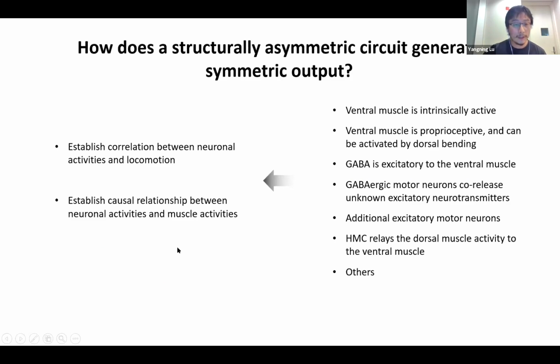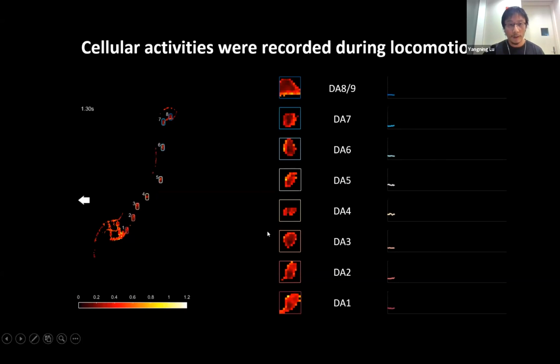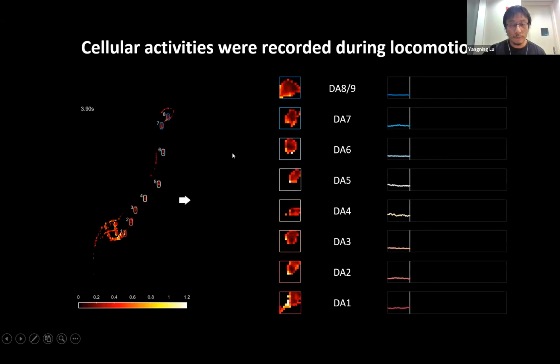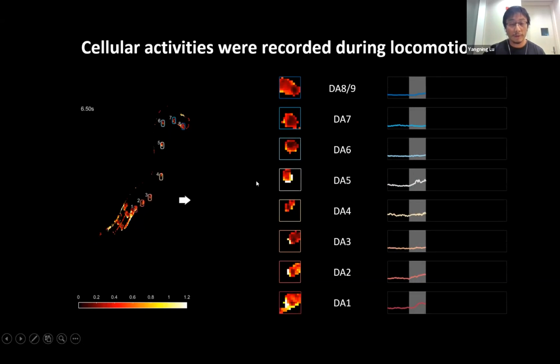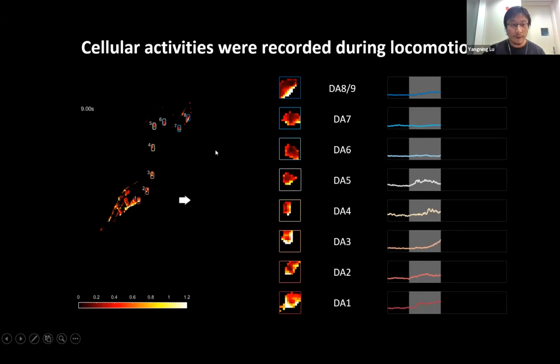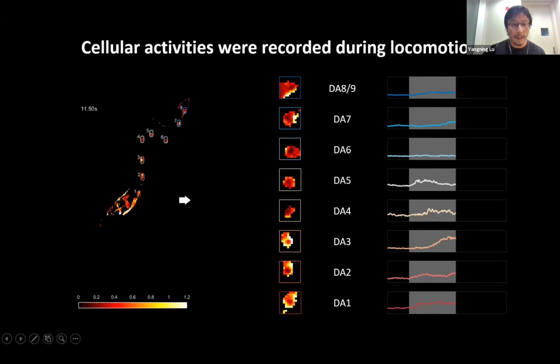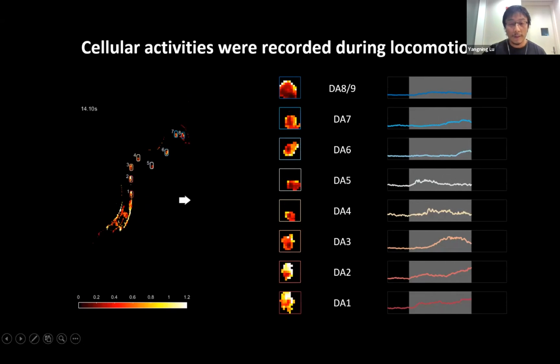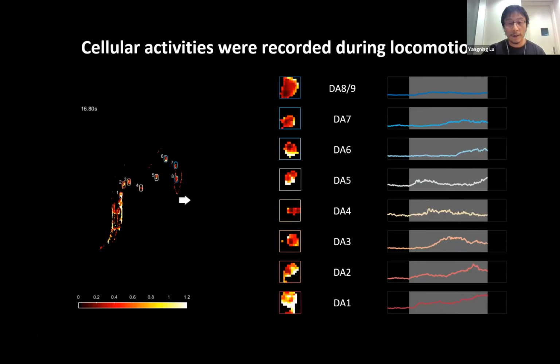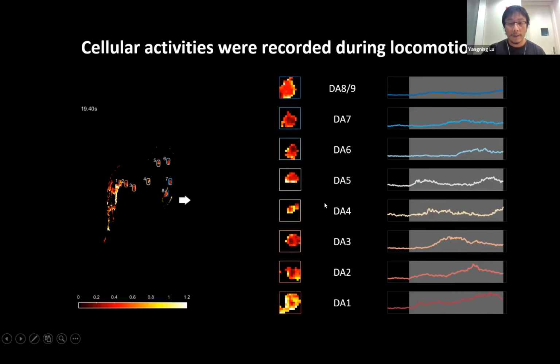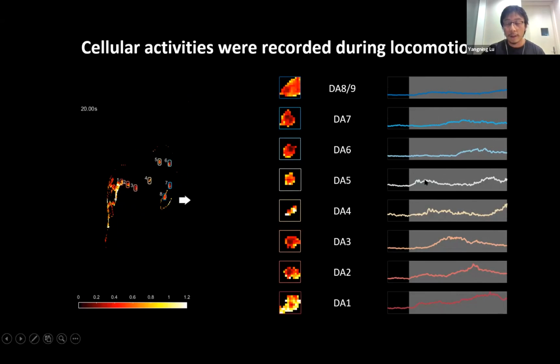And second, we established the causal relationship between these cells' activities and muscle activities. For the first approach, we simply used calcium imaging during free moving animals. Take, for example, this particular animal, where we label one type of motor neurons, and this type of motor neurons is activating only during the backward locomotion, which is highlighted in the right panels.